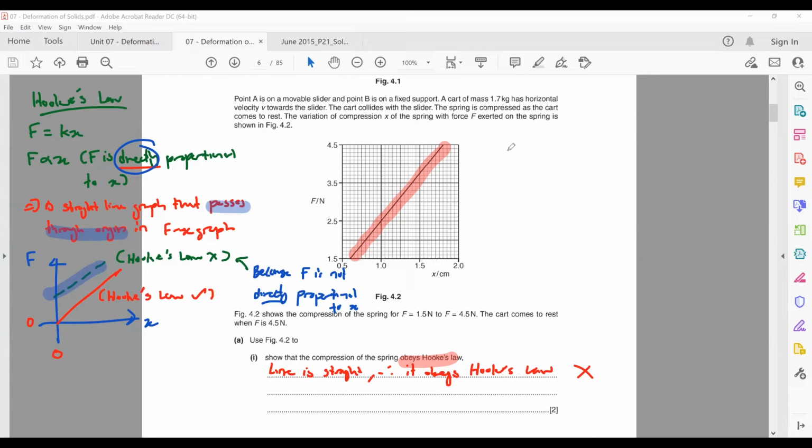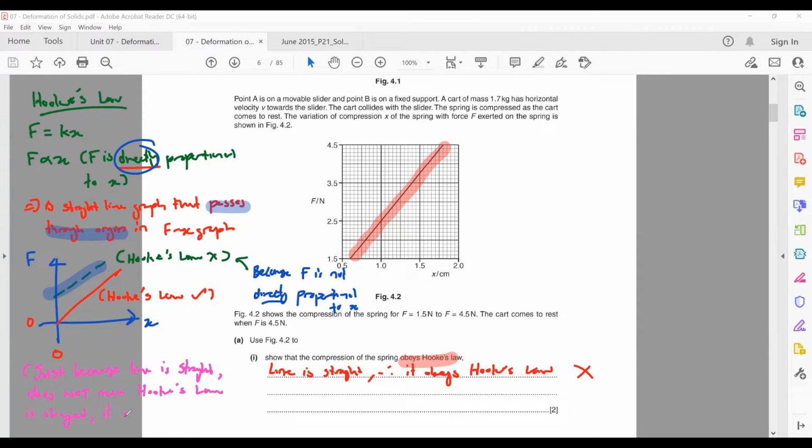Okay, maybe I better just write it as a remark here. Just because the line is straight does not mean Hooke's law is obeyed.